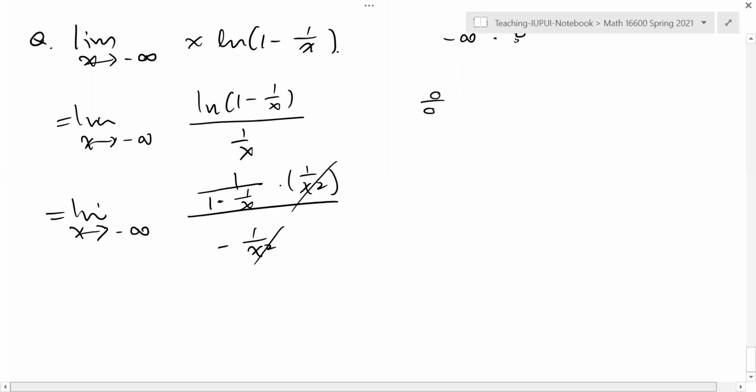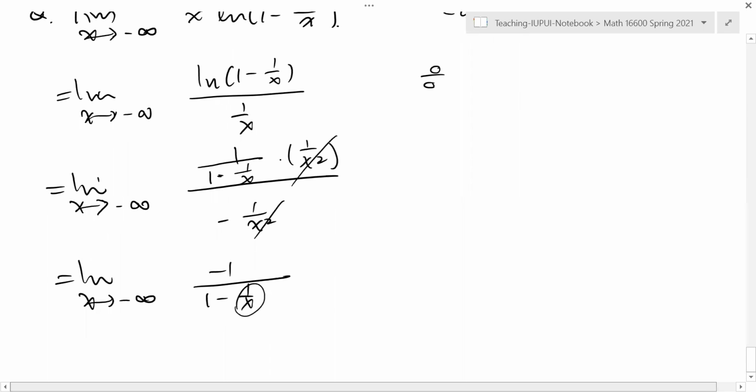So what you get here, you will get negative 1 over 1 minus, right? What is that? That is left. And when x approaches negative infinity, this term approaches 0, so the answer will be negative 1.